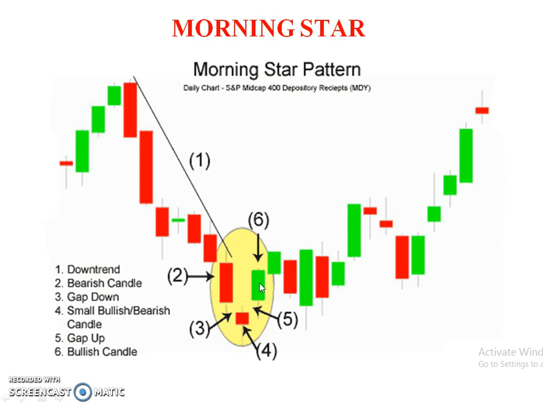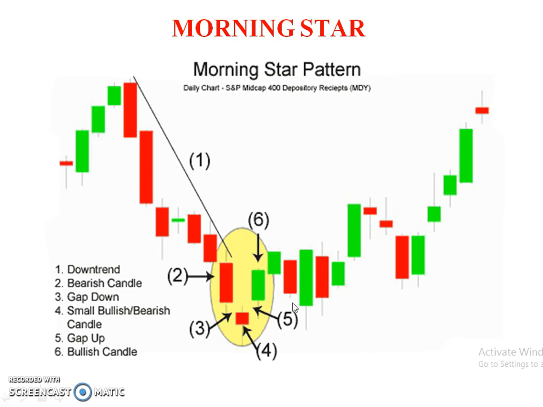In this pattern, you can observe only the bodies of the candles and ignore the tails. In the morning star, at the end of downtrend, one candle appears gap down and the next candle appears gap up. To observe gap up and gap down, one can ignore the tails and consider only the candle body.